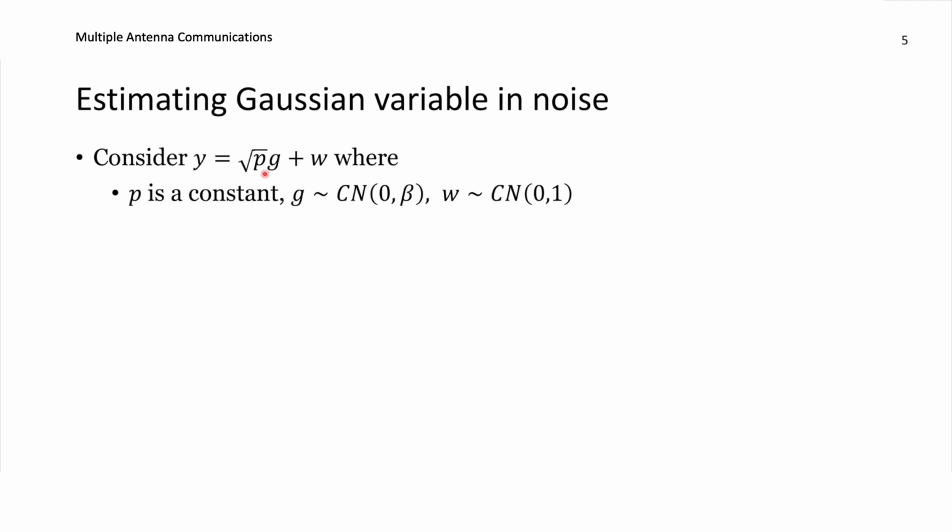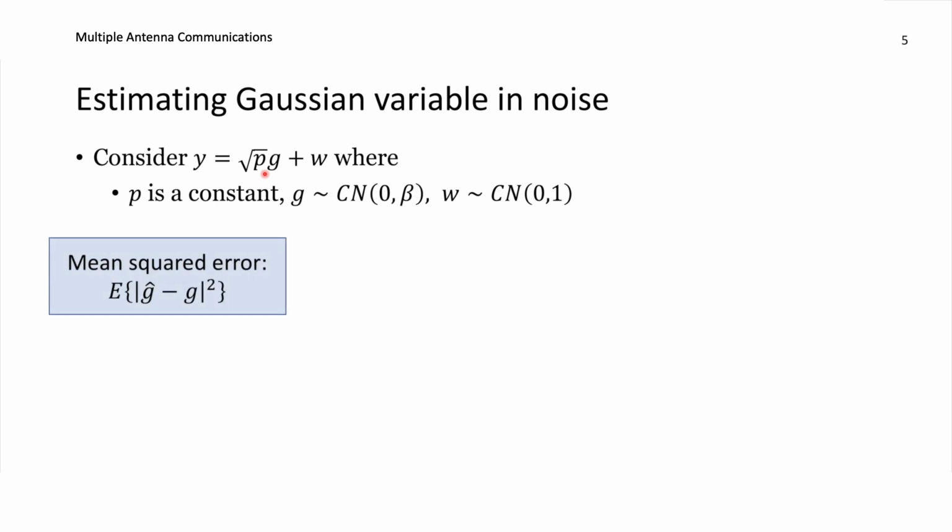And there are many possible ways of estimating G. And one way of measuring what is a good estimate or not is to use what is called the mean squared error, which is to take the estimate G hat, subtract the true value, compute the absolute value square, and then take the average or the mean. So here we have the square error and here we have the mean.